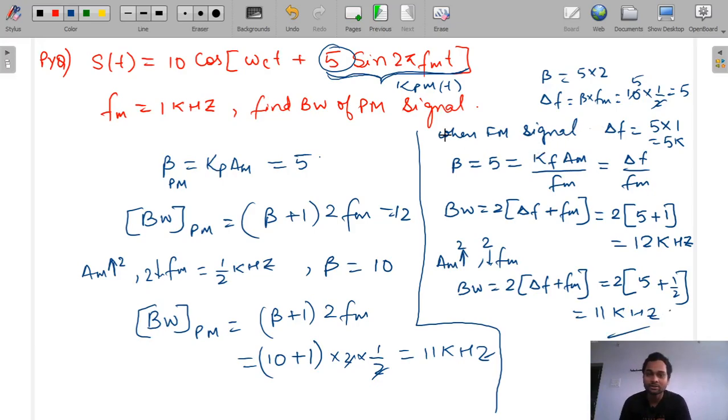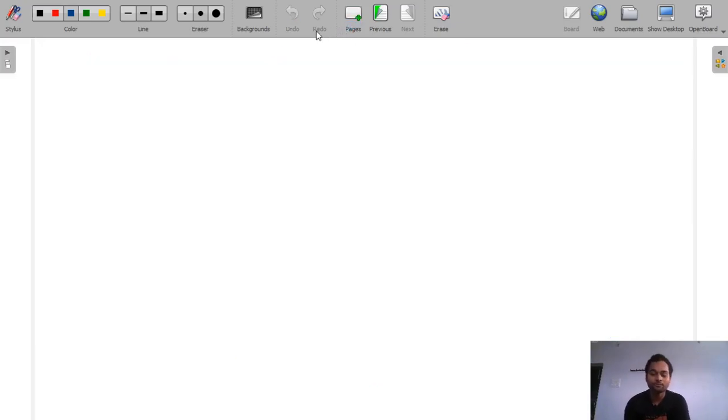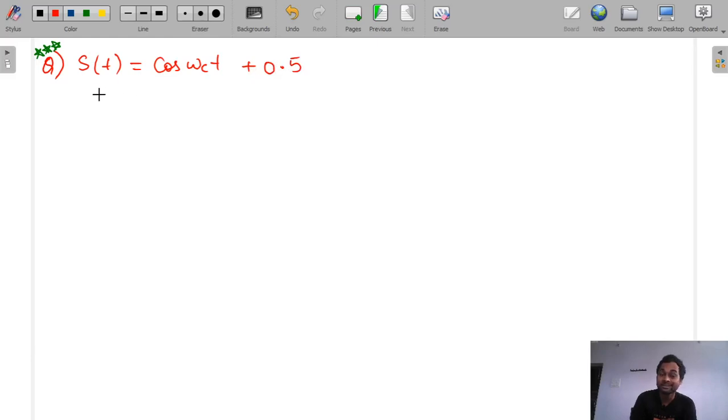Understood this concept? So now let's take the last question from this topic. This question is very important. Give a smart star mark here. This might come in the next year's GATE examination. This question is taken from a standard book. Our signal s(t) is given as cos omega_c t plus 0.5 cos omega_m t sin omega_c t.